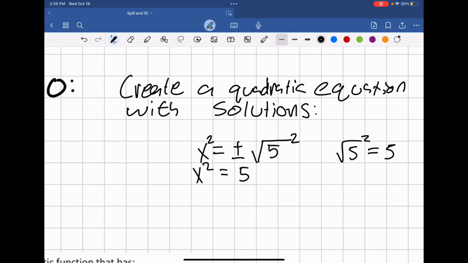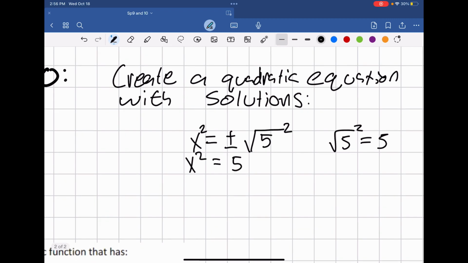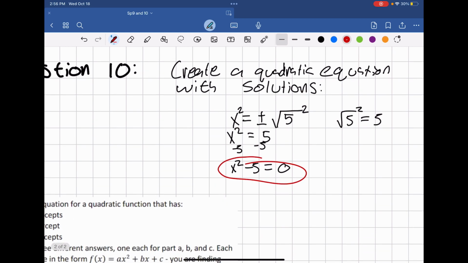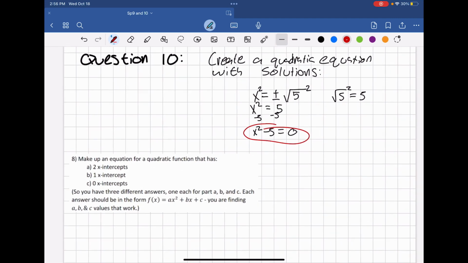It's equal to 5. Well, now we can subtract 5 from both sides because we want it in standard form. x squared minus 5 is equal to 0. So that would be our very, very simple quadratic equation with the solutions x is equal to plus or minus square root of 5. That's pretty simple, right?